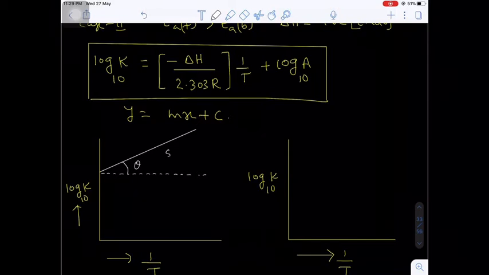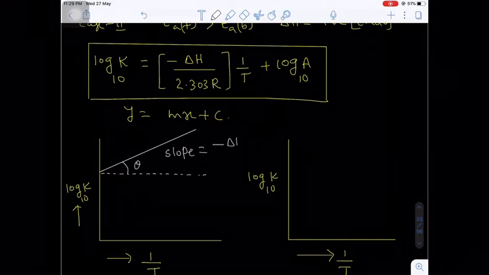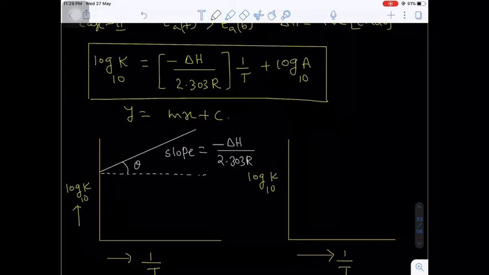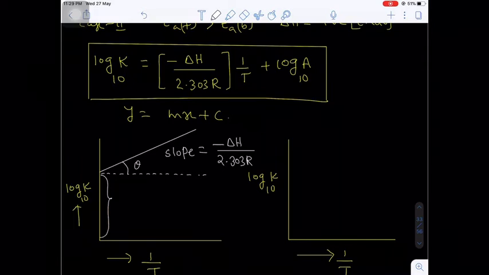Now what is the slope here? Minus delta H divided by 2.303 capital R. Suppose if you draw the graph with ln K, then in the denominator there should not be 2.303. Only the slope will be minus delta H by capital R. Okay.